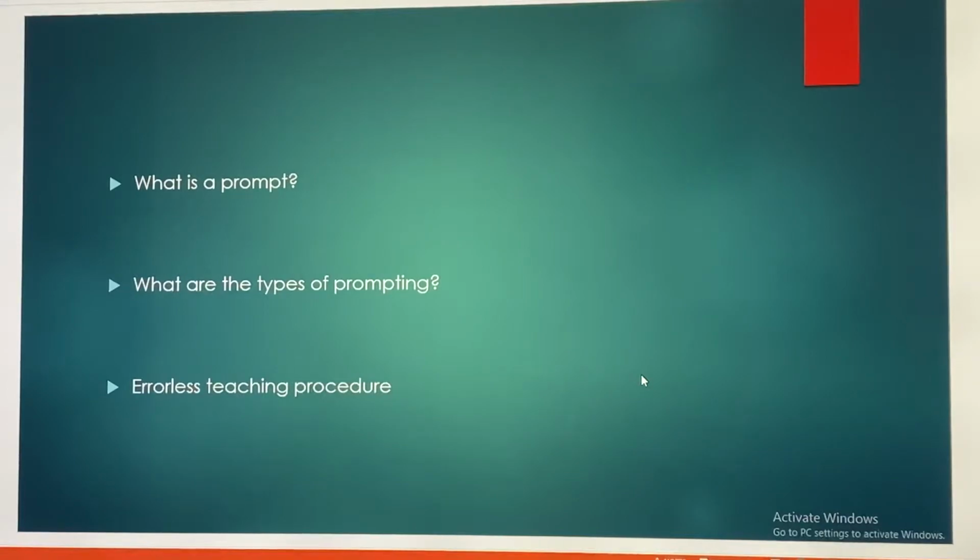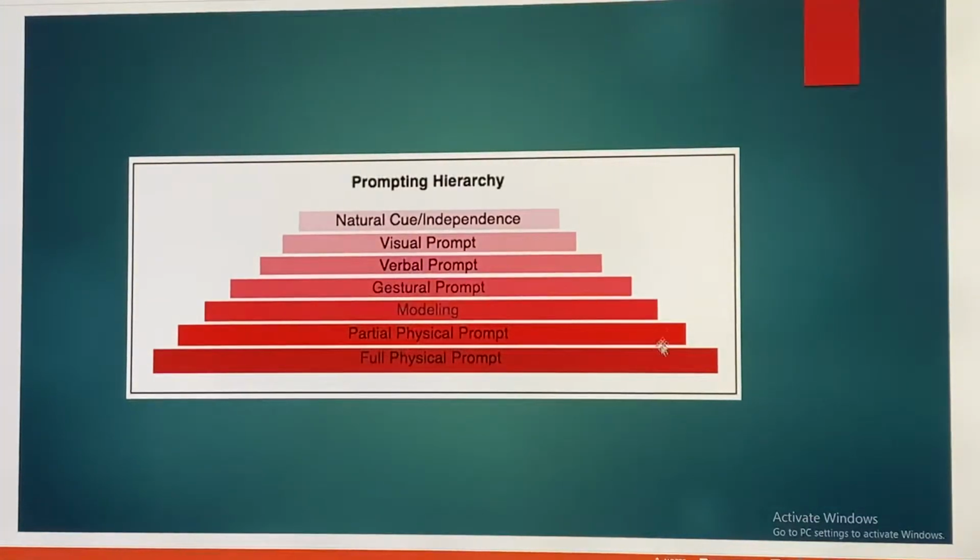Then you fade out your prompts by moving from a very intrusive prompt like full physical to less intrusive prompts. For example, first you say touch the ball, and you physically get the learner to touch the ball. Afterwards, you say touch the ball, you don't physically prompt them all the way, but you prompt them to where the ball is.